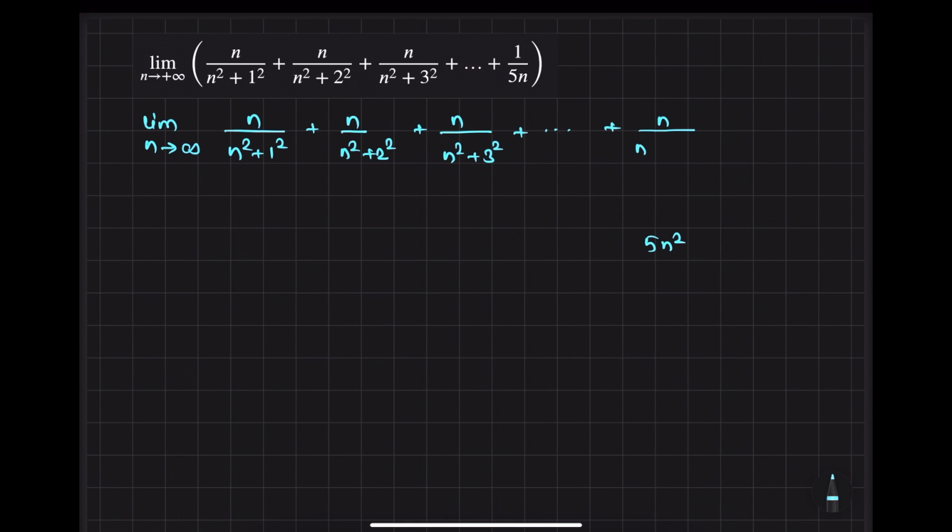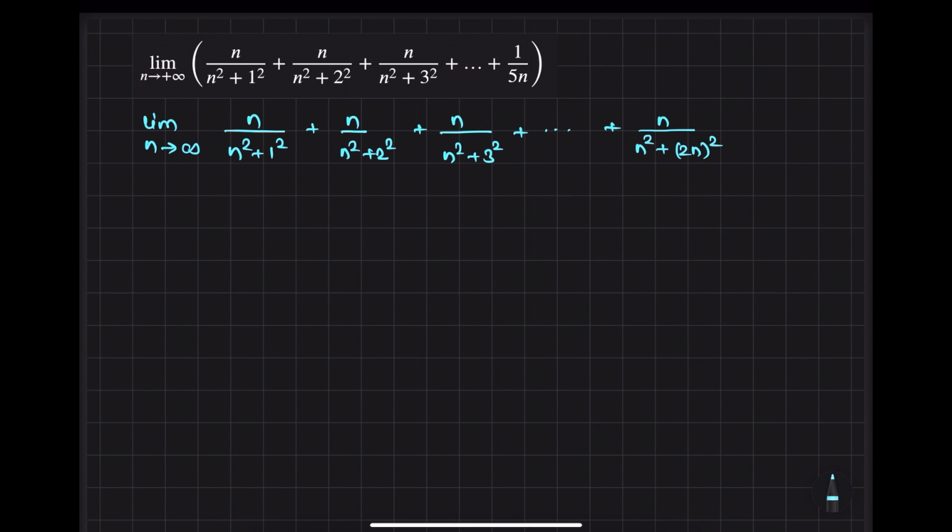So I will write n square, and then I have to write 4n square, but we have to write that thing as a complete square. So I will write 2n whole square. Okay, so this is my idea to write down this question.